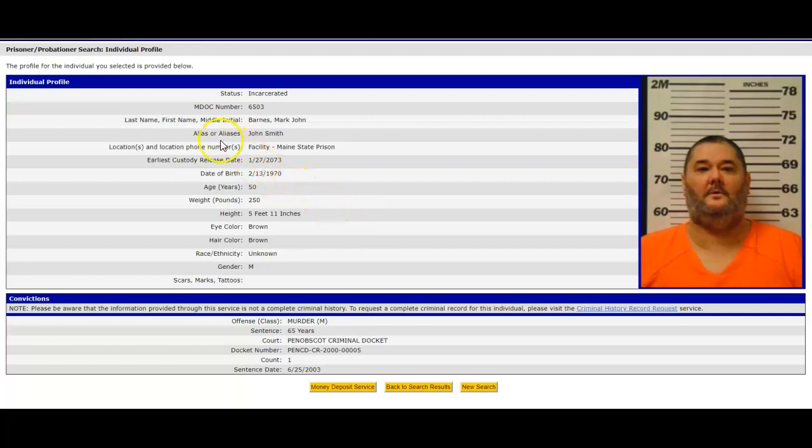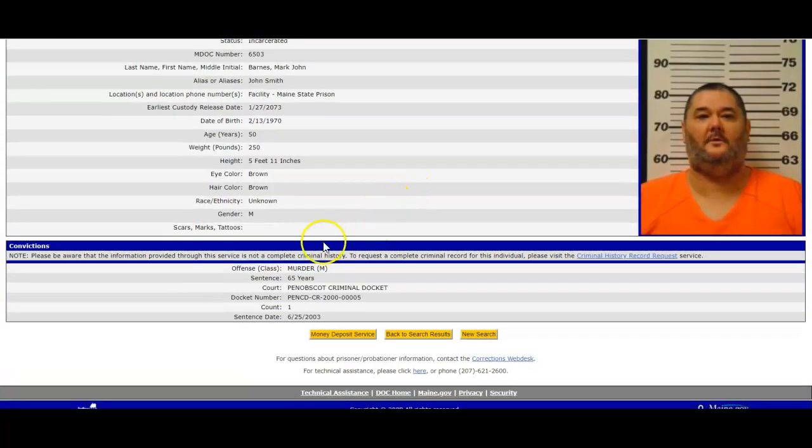Again, we had this release date on that first page, and there are a few more details about the person, some descriptors. So again, if the picture itself is not enough to go on, you're able to get a few more details that will hopefully help you determine that you've got the correct person. And then some information about the convictions. Obviously, in this case, it's pretty straightforward what it is.